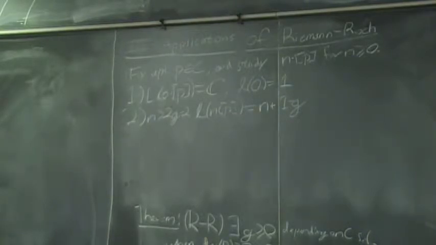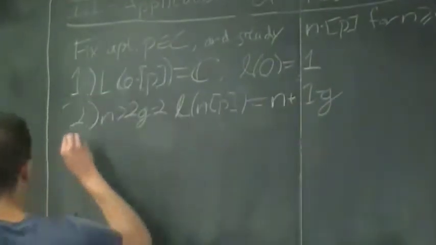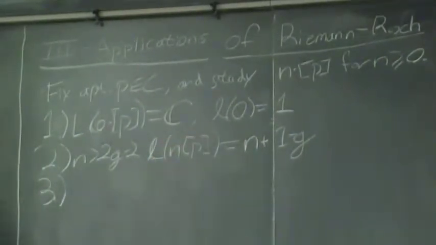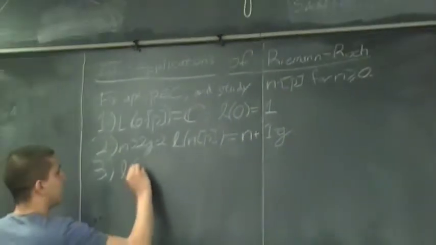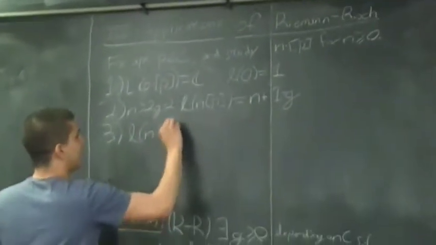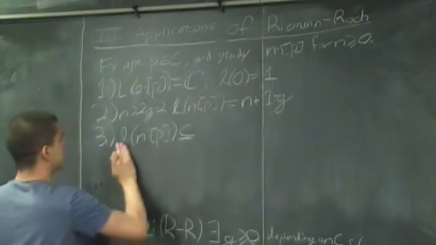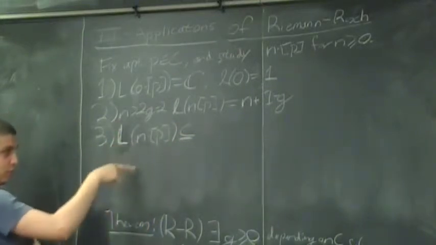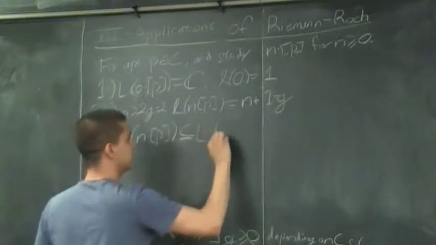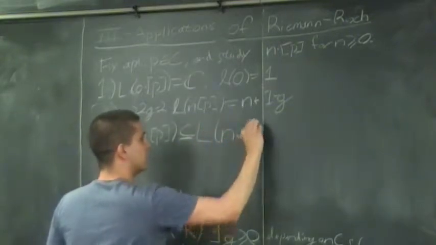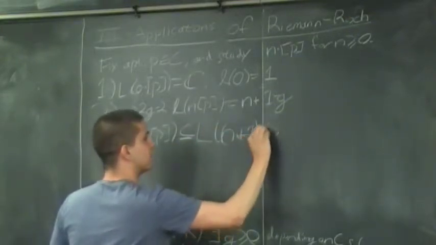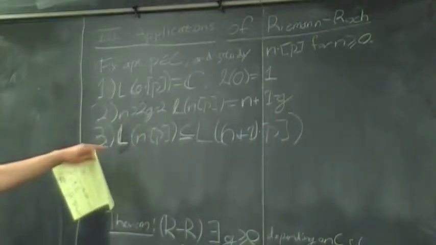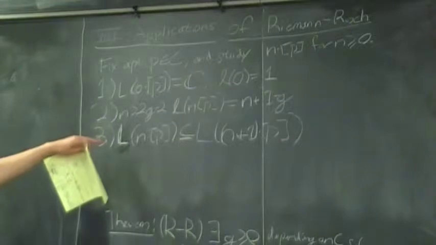So, first thing is, these integers are increasing. In fact, the Riemann-Roch space of nP is really just a subset of the next one. So this consists of all rational functions that blow up to order at most n.